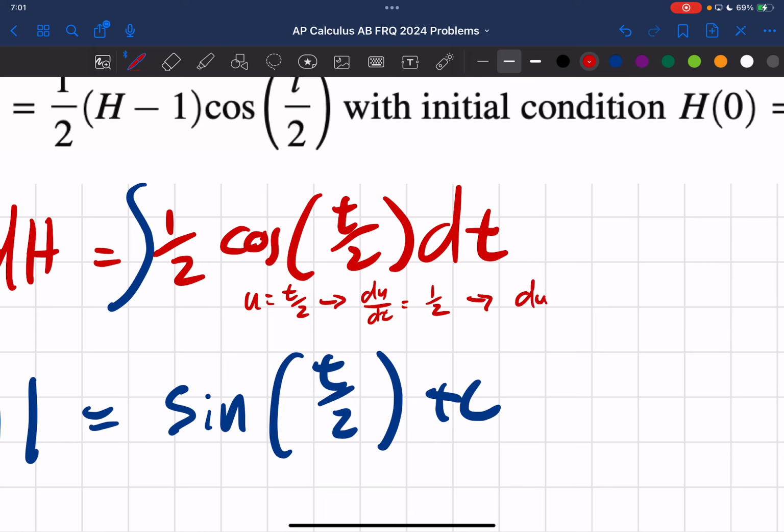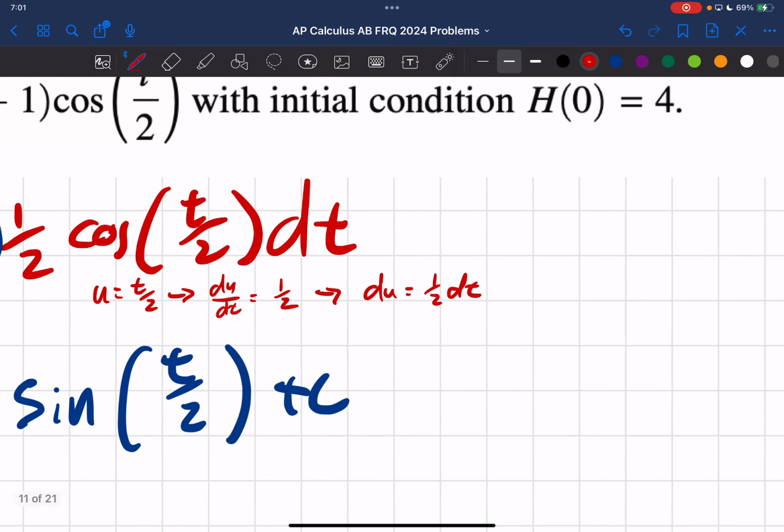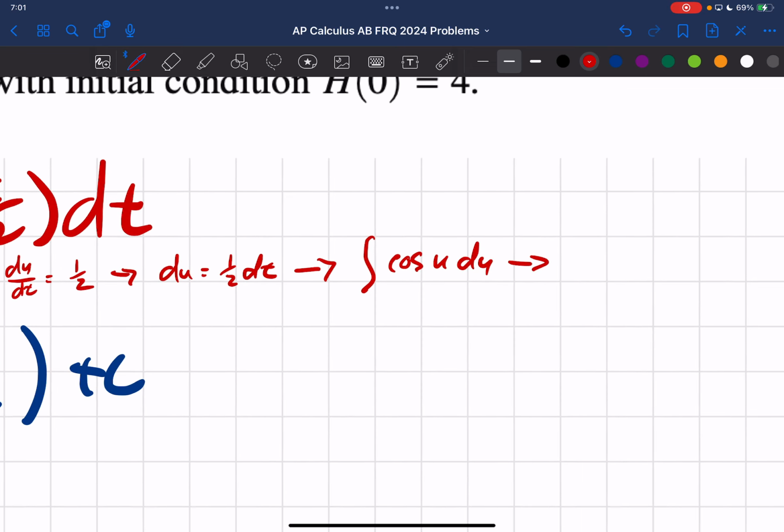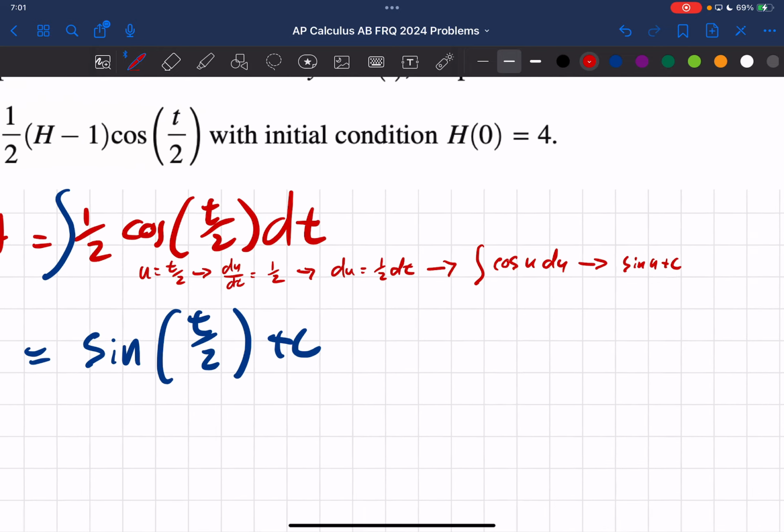So then du equals 1/2 dt. And so that means when you make that substitution, you get cosine of u du, which then becomes sine of u plus c.